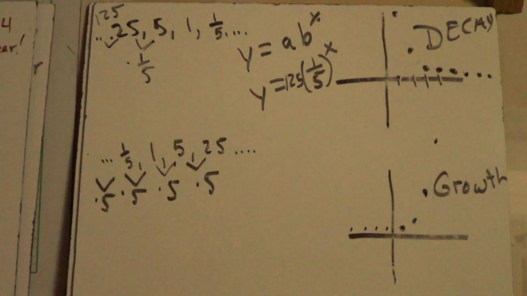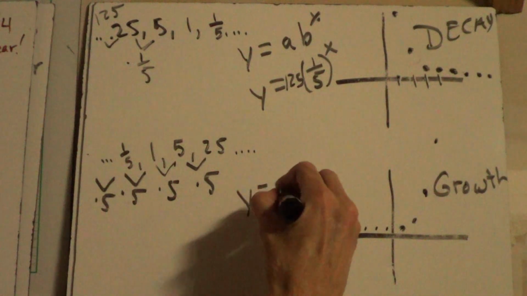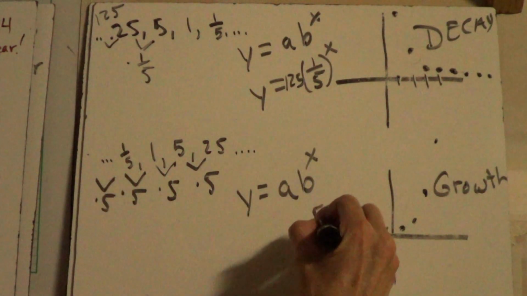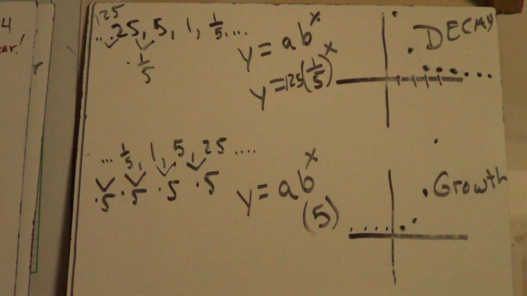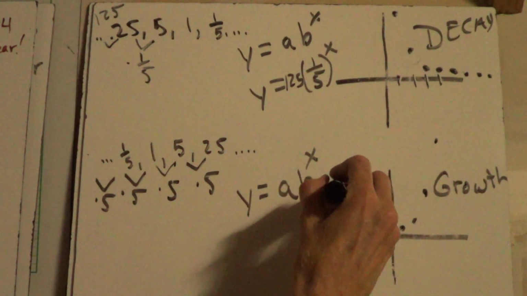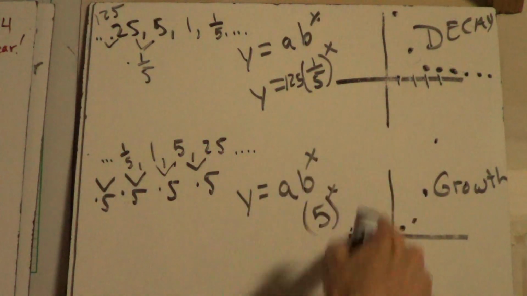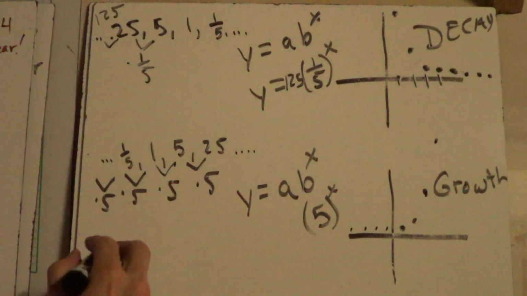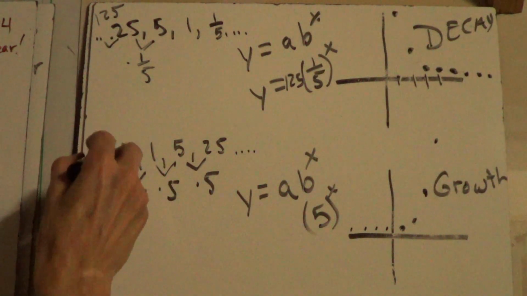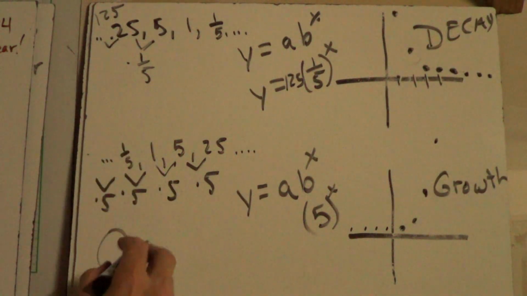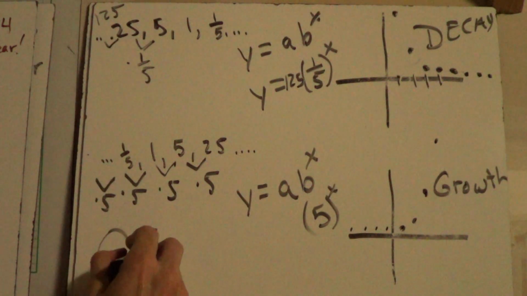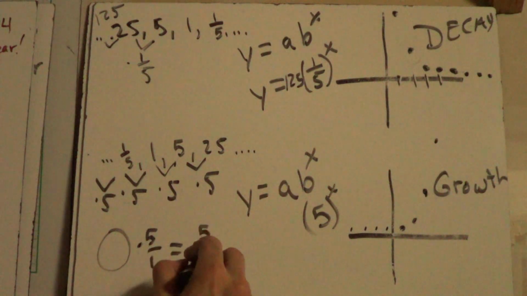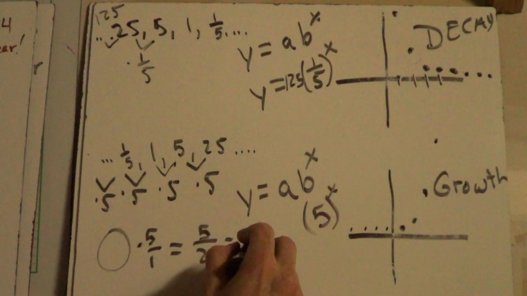And to find, again, my values, y equals ab to the x. My growth factor is 5. And when I plug in the x at 0, that's the y-intercept, it's at 1/5 here, and I need to back up and say what times 5 over 1 would give me 5 over 25, because it's going to reduce to 1/5.